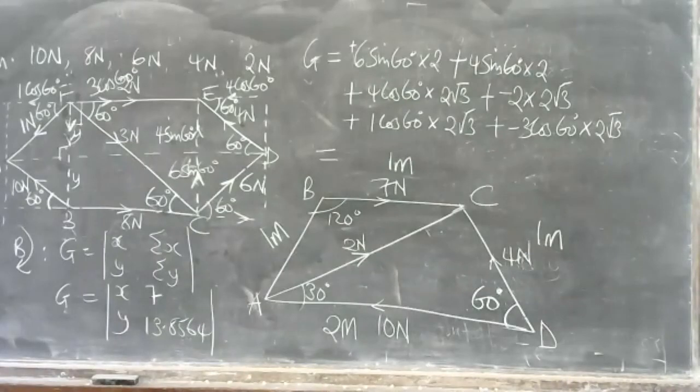I don't know what that means though. Then part C, the point where the line of action of the resultant cuts side BC.